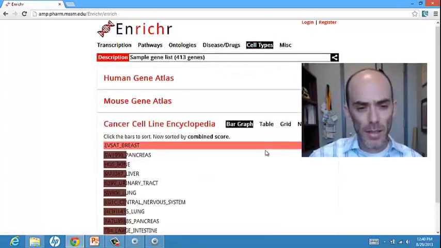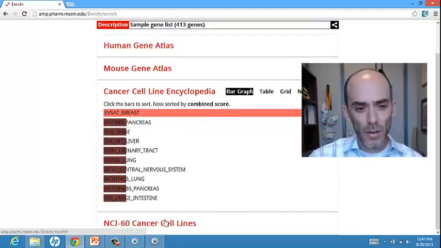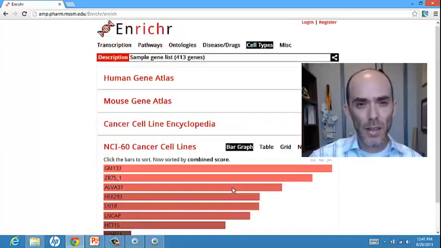This is the same exercise by comparing various cancer cell lines. So this is comparing gene expression in 500 cell lines and identifying the genes that are highly expressed in each cell line. And also this is done to the NCI-60, which is a panel of 60 cell lines maintained by NCI.